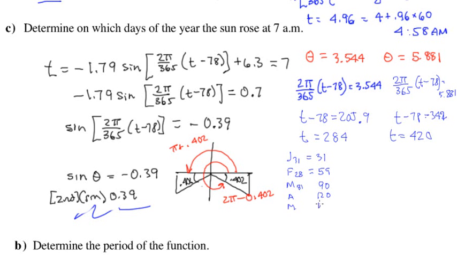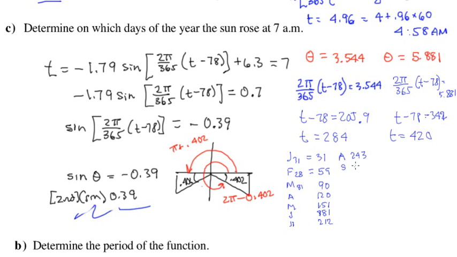May has 31 days, that brings us to 151. June has 30 days, which brings us to 181. July has 31 days, which brings us to 212. August has 31 days, which brings us to 243. We're getting close.